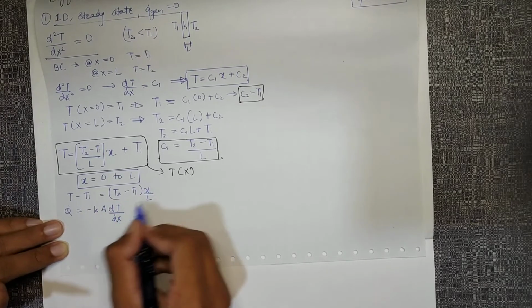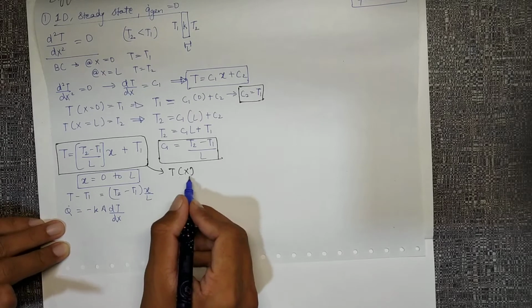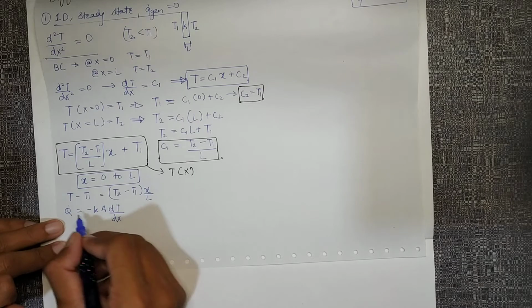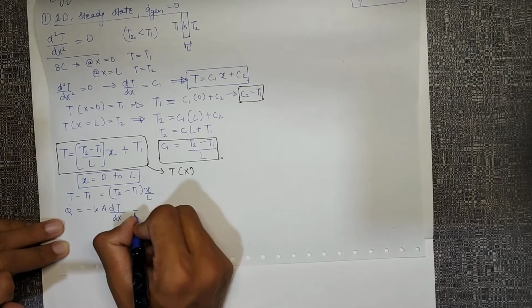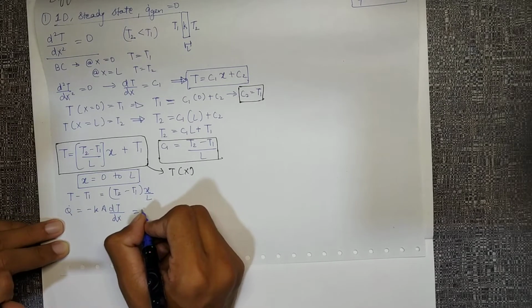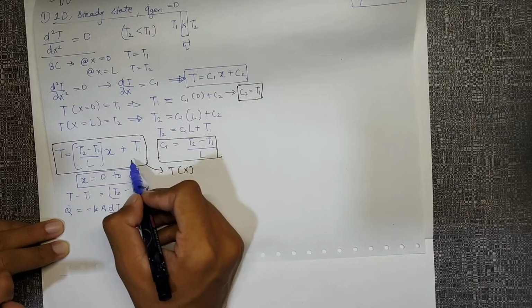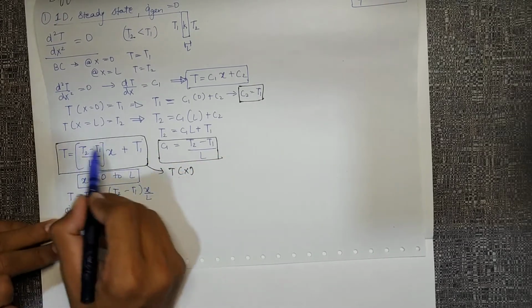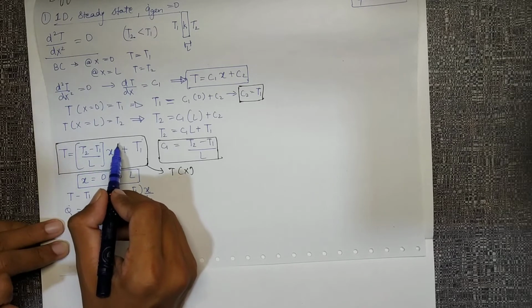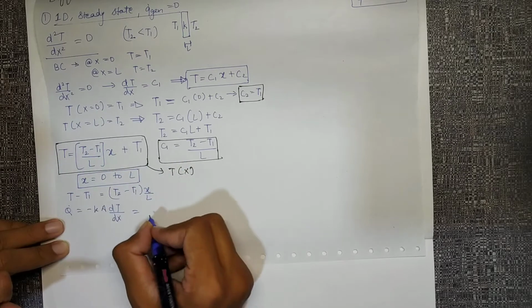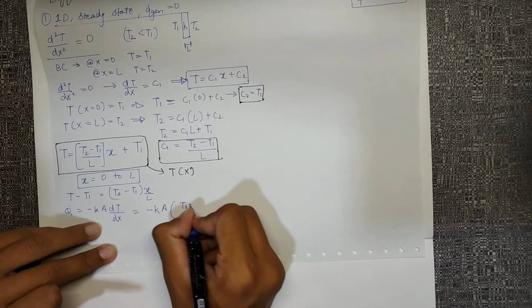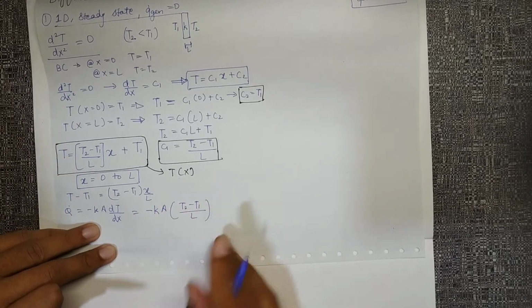Now I'll use this temperature representation T of x, differentiate it and put it in this q dot expression. Since this is a constant, it will be equal to 0 when I differentiate, and when I differentiate this term, my x will go away and the coefficient remains as it is. Hence my dT by dx is simply T2 minus T1 upon L.